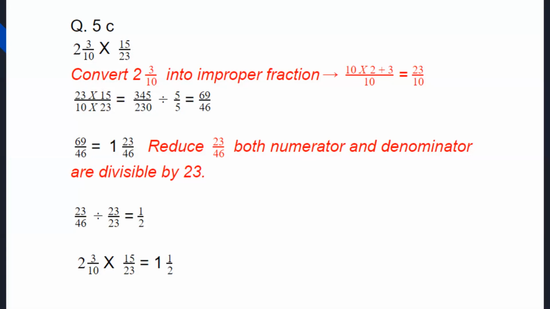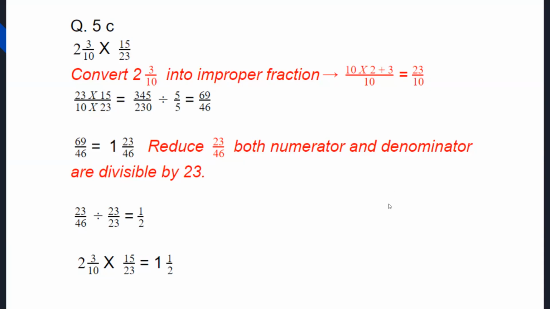Now this mixed fraction becomes 23 upon 10 and the second fraction is 15 upon 23. Multiply the numerators. 23 into 15 upon 10 into 23 is equal to 345 upon 230. Both are divisible by 5. So divide it by 5, we will get 69 upon 46.